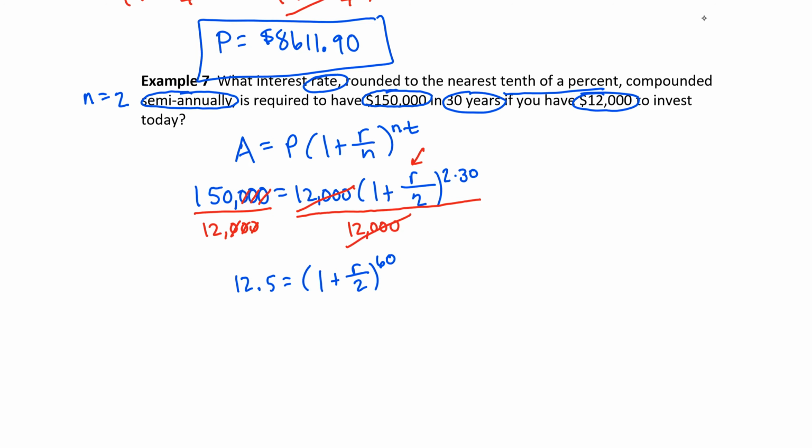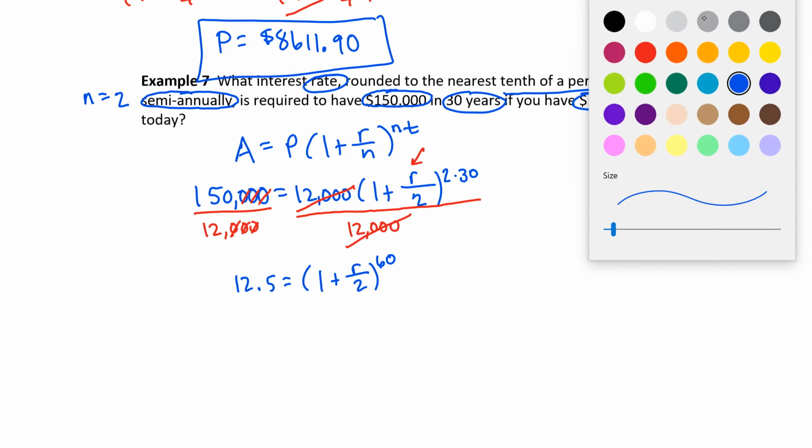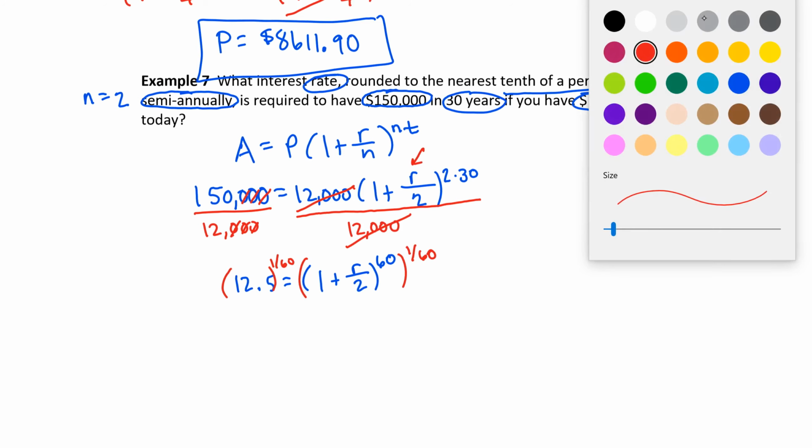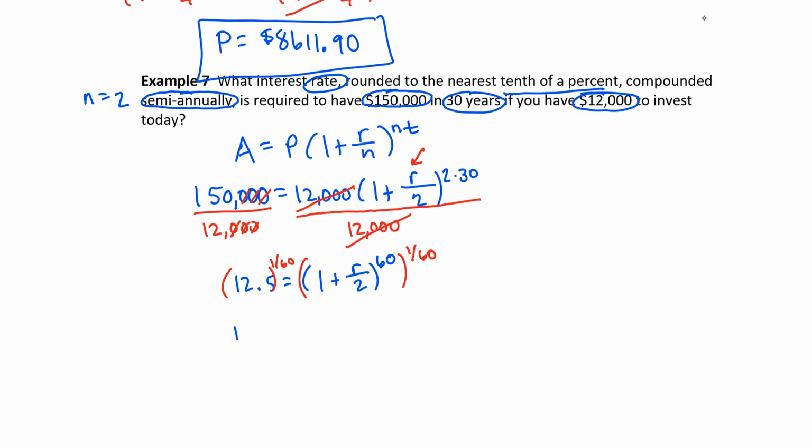Now, in order to solve for r, we're going to have to clear this exponent. This is reminiscent of what we learned in Chapter 1. We can either see this as taking the 60th root of both sides, which is kind of hard to write, or raising both sides to the reciprocal of the rational exponent. That's probably going to be easiest to comprehend. So we have 12.5 raised to the 1/60th power, and notice on the right side when we multiply those powers we get a 1.